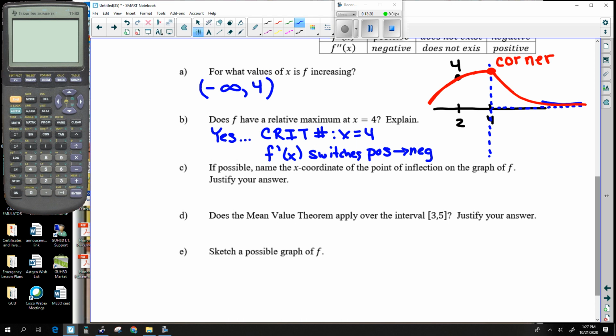Okay, if possible, name the x-coordinates of the point of inflection on the graph of f. Justify your answer.